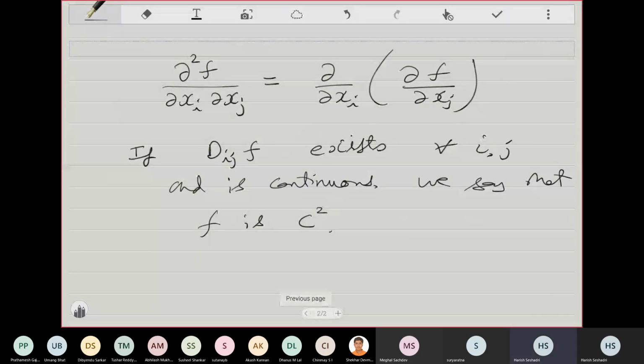Now notice that in order to make sense of all this, I don't need full differentiability of f as a linear transformation in the sense that we have defined. We are just in the realm of partial derivatives.